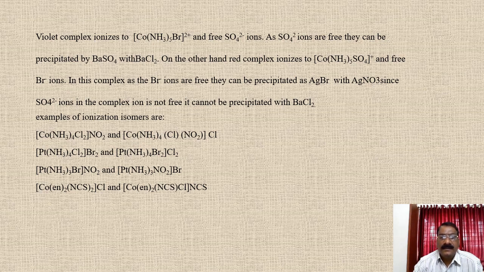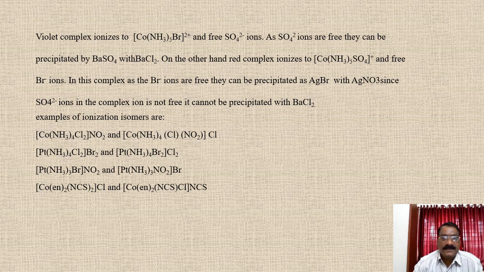On the other hand, the red complex ionizes to [Co(NH3)5SO4]+ and free Br- ions. In this complex, as the Br- ions are free, they can be precipitated as AgBr with AgNO3. Since the SO4 ion in the complex ion is not free, it cannot be precipitated with BaCl2.